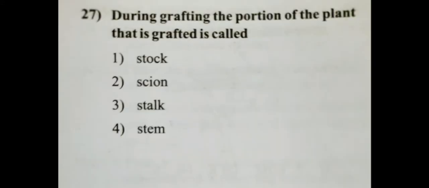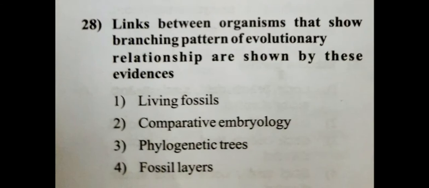During grafting, the portion of the plant that is grafted is called scion, and the base which gives a support for the scion is called stock. Now for 27th question, the answer is scion. 28. Links between organisms that show branching pattern of evolutionary relationship are shown by these evidences.